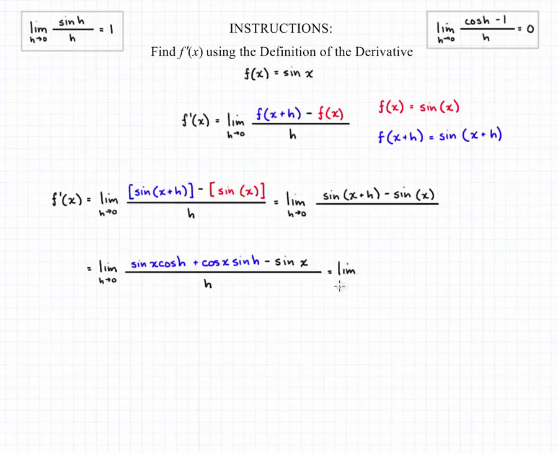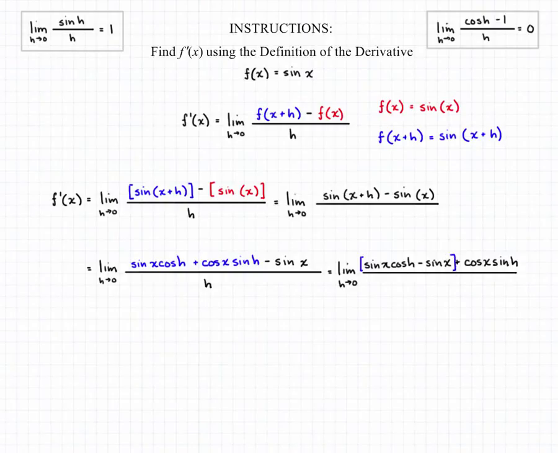From here we want to group together the terms in the numerator that have the sine of x in them. So we'll have the sine of x times the cosine of h minus the sine of x plus the cosine of x times the sine of h, all over h.